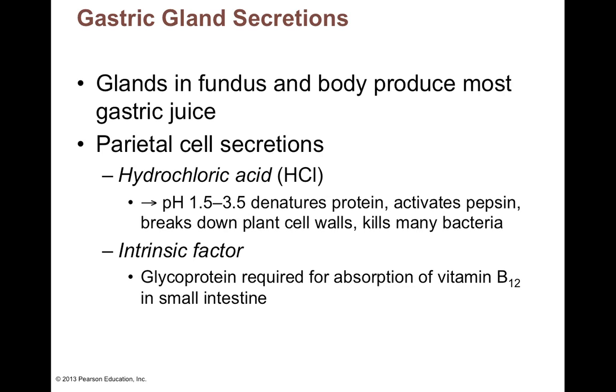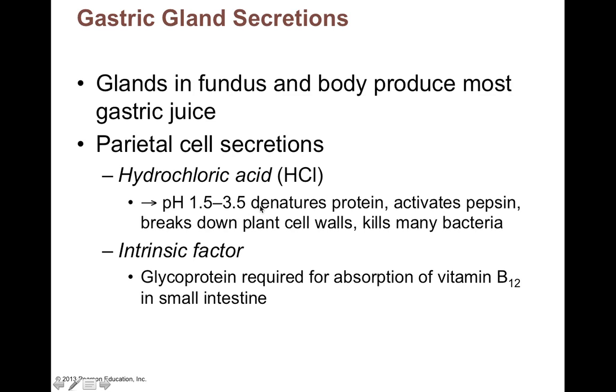Hydrogen bonds can be broken with acid. So if you start breaking those hydrogen bonds, the proteins start to denature and they kind of fall apart and get looser. And if it's looser, it's easier to digest. That way pepsin can come in and start chopping up that protein into smaller bits, which makes a lot of sense. Now, it also activates pepsin, which we talked about. So hydrochloric acid activates pepsinogen into pepsin.